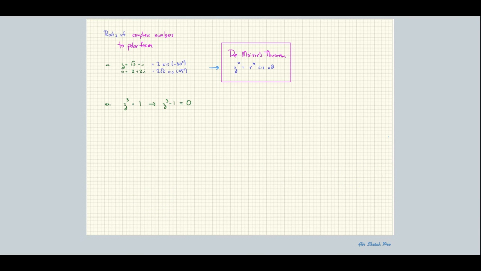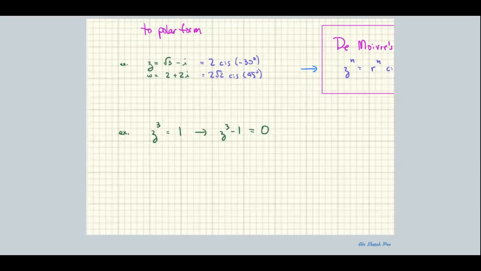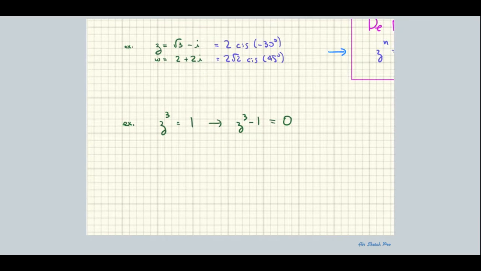Okay? And I've got about 10 minutes left. First, I'm going to look at z to the 4th. So I'm going to try to find the 4 fourth roots of 1, which means solving z to the 4th equals 1.